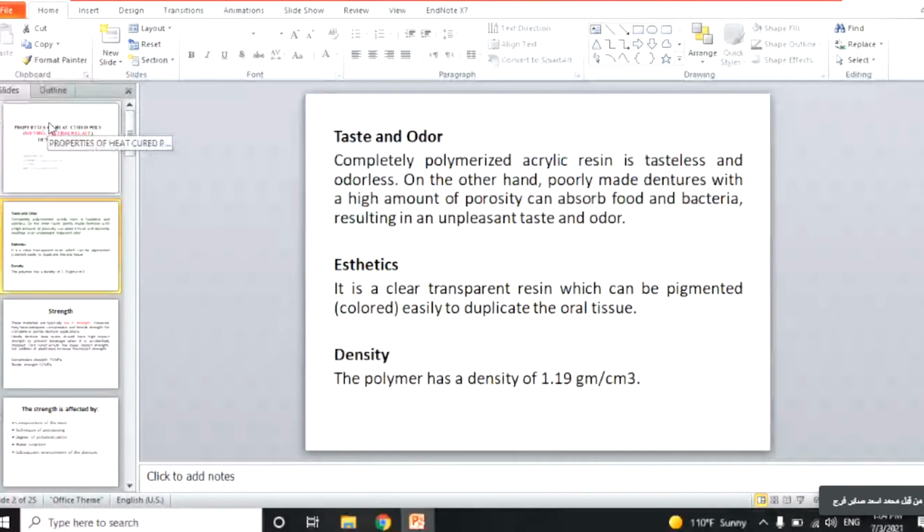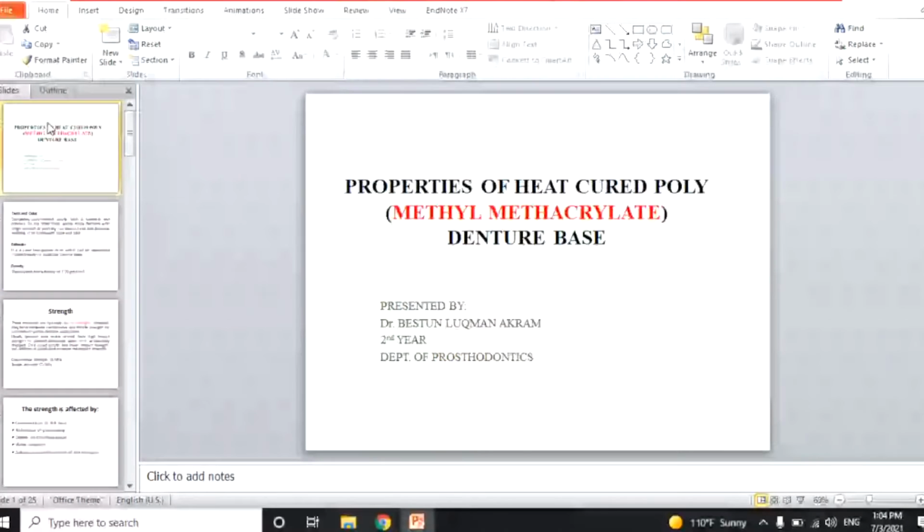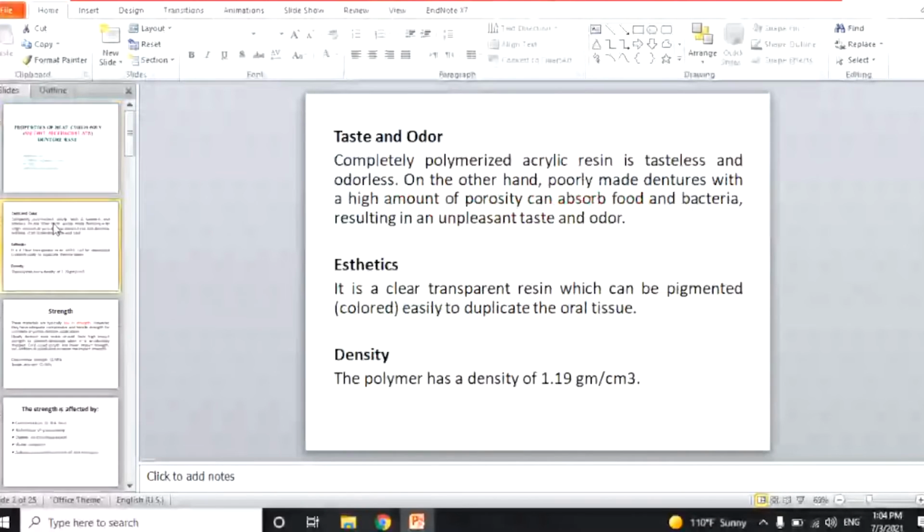Today, this is the last lecture, which is about some properties of methyl methacrylate, the ideal material for construction of the denture base. About the taste and odor, it is completely tasteless and odorless.